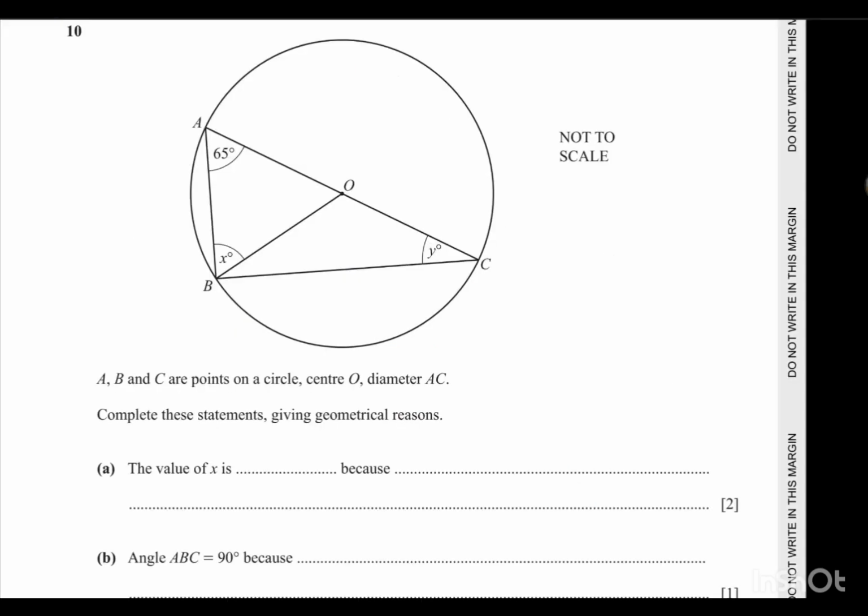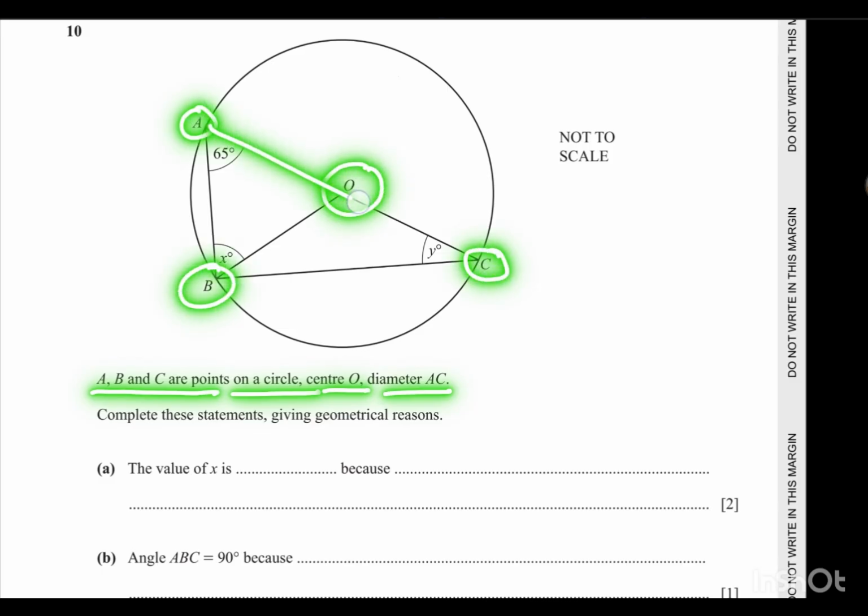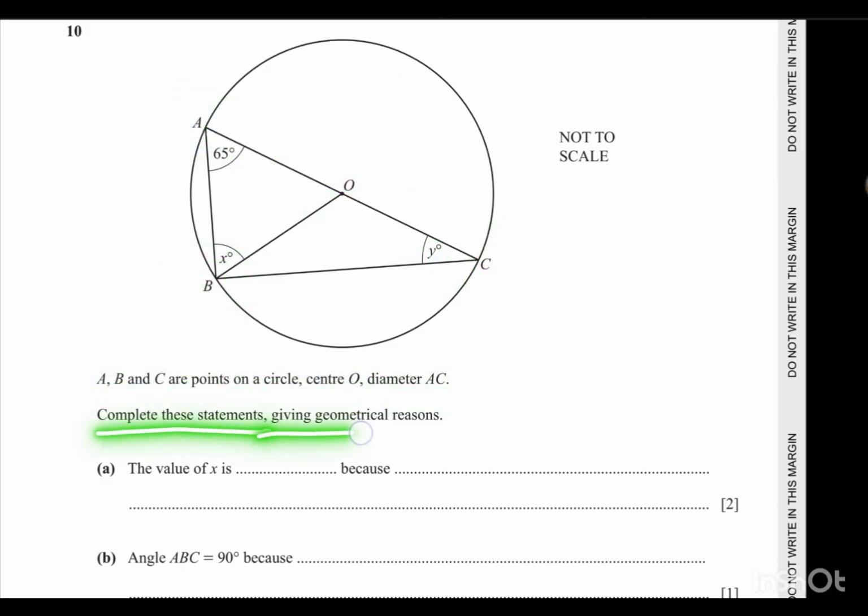Question number 10. A, B, C are points on a circle, center O and diameter AC. A, B, C are the points on this circle. The center is given as O and AC is the diameter. Complete these statements giving geometrical reasons. We have to complete the statements here.